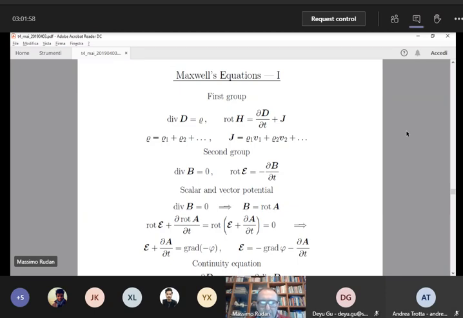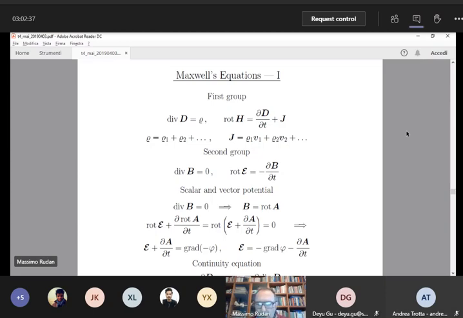So if the type 1 of charges is able to move, then its contribution to the current density will be rho 1 times V1. V1 is obviously the average velocity of the charges of type 1 whose charge density is rho 1. Then we may have another type, rho 2, with an average velocity V2, and so on. The total current density is the sum of these contributions.